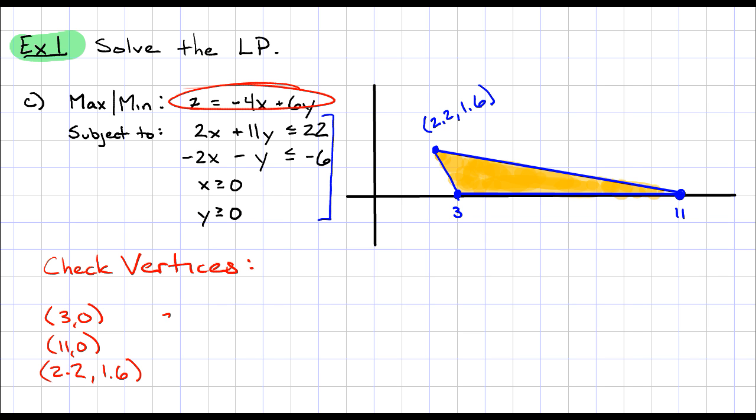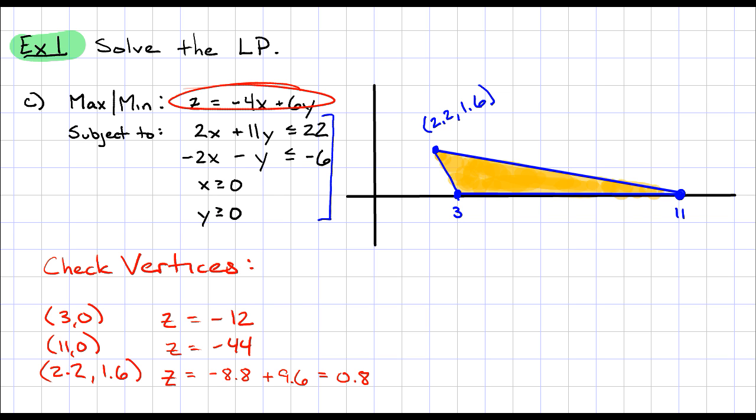Plugging in 3, 0, I am going to get minus 12. Plugging in 11, 0, I have z equals minus 44. And plugging in 2.2, 1.6, I get minus 8.8 plus 6 times 1.6, which is 9.6. And so that turns out to be positive 0.8.